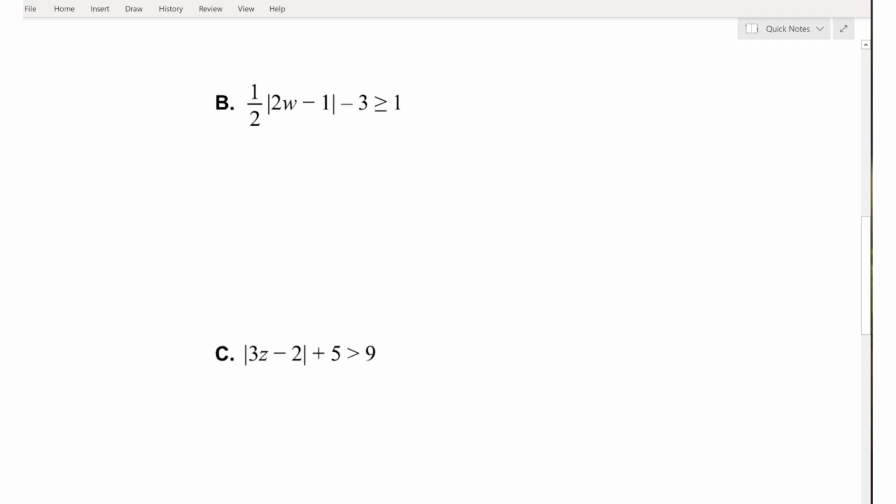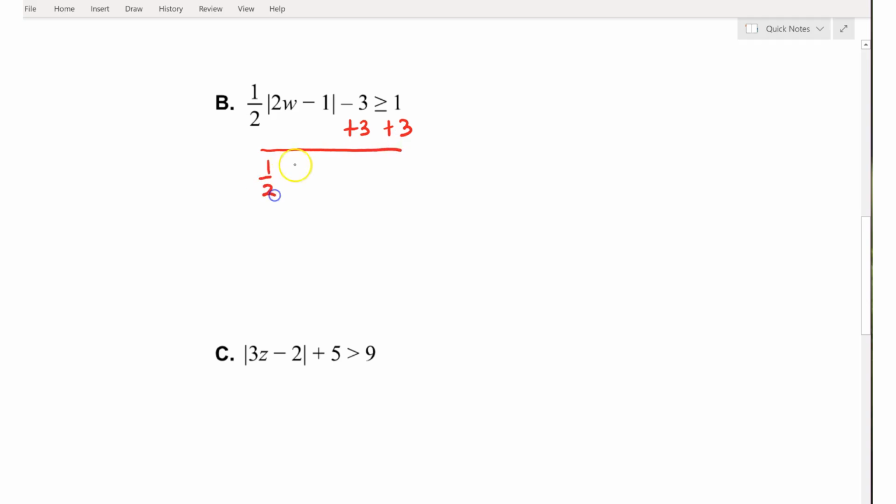Before we start talking about the different possibilities, we need to address the 1/2, and we also have to address the minus 3 before we do anything. That is a common mistake that students make. They forget to address the minus 3, or they forget to add 3 to both sides.